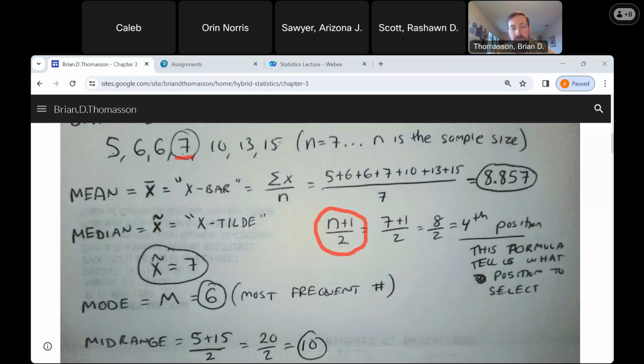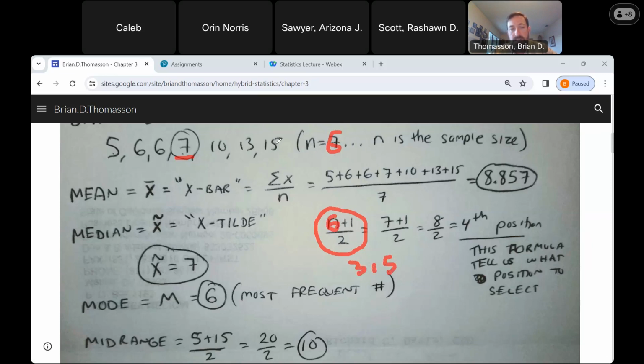Now, if our sample size was even, say instead of 7, it was 6, then we'd have 6 plus 1 over 2, which is 7 over 2, and our result would be 3.5. So anytime we have something that doesn't come out a whole number, like in this case 3.5, it's either going to be a whole number or something and a half.